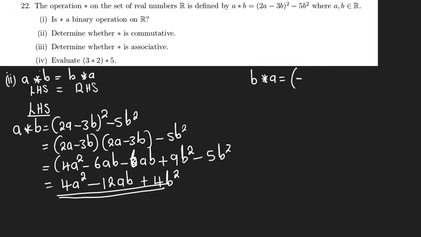So there we're going to have negative 3B, then of course we're going to have a plus 2A power 2 minus 5B to the power 2.